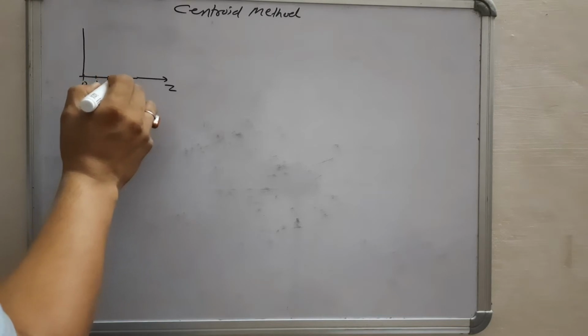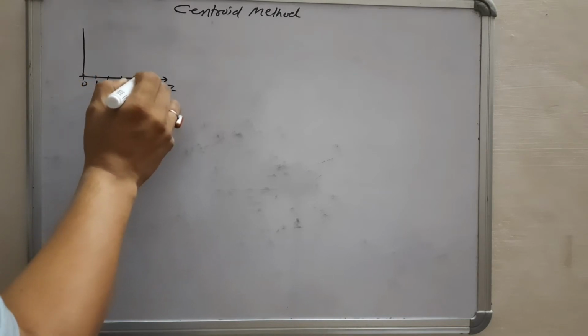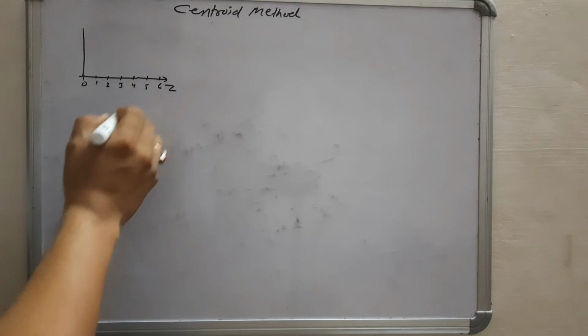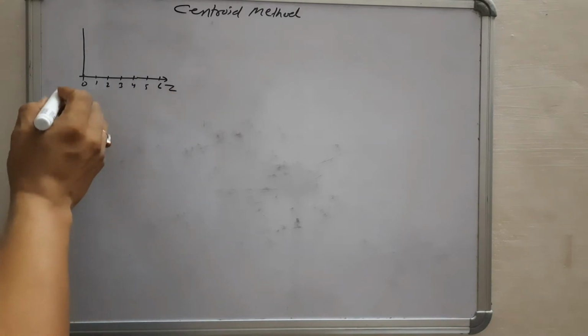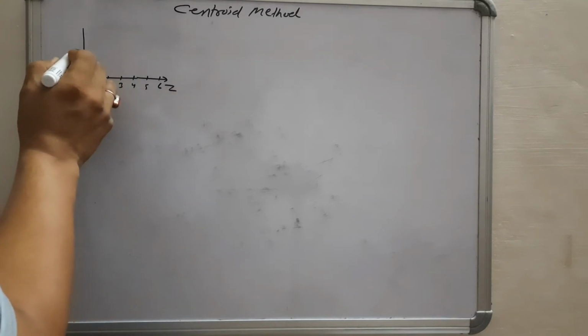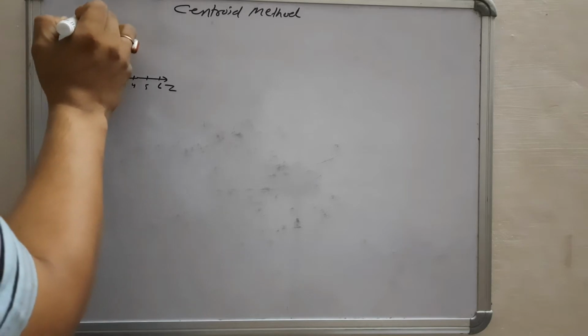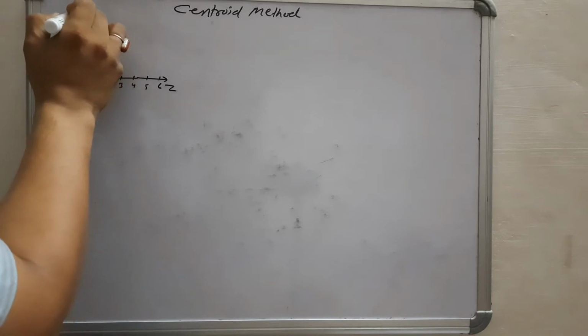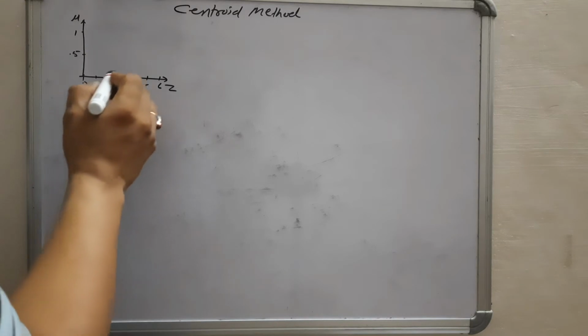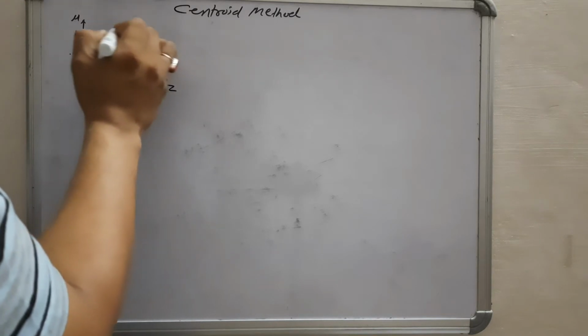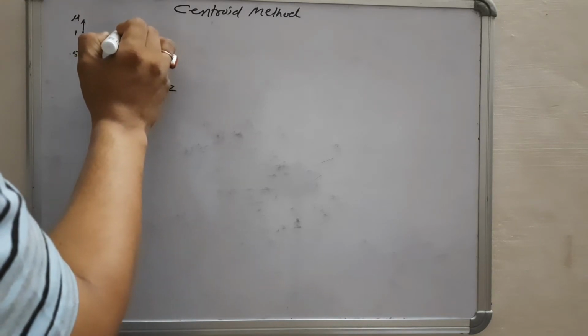One, two, three, 4, 5, 6. Here it is 0.5 and 1. So up to 3 it is 1.